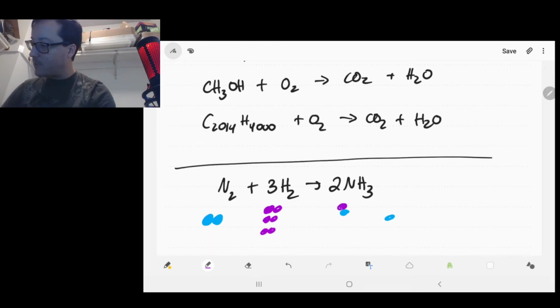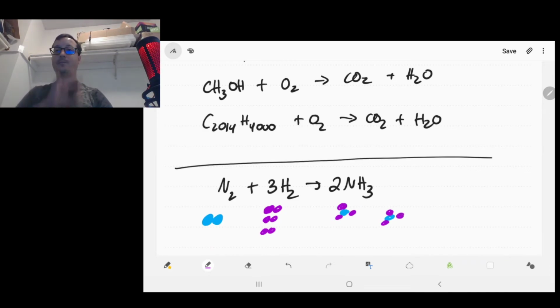That's what these coefficients mean. So this is how it might be described atomically. We have our nitrogen, we have our hydrogens, we put them together, we've made 2 ammonias, with the nitrogens being blue and the hydrogens being purple there.